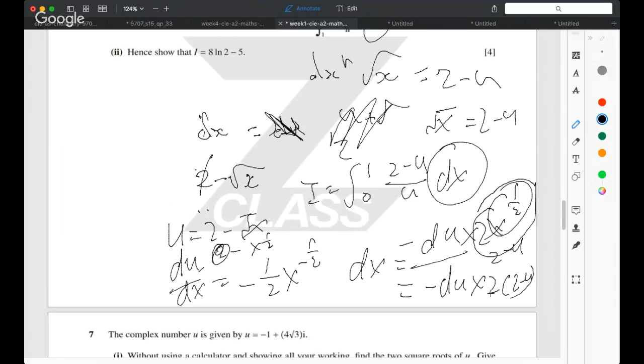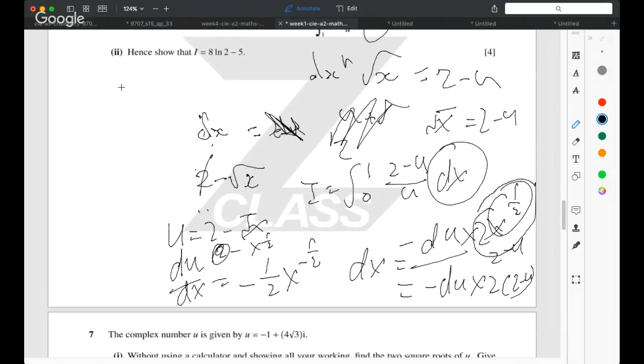Yeah. So can you put everything back together into the equation? So what is I now?